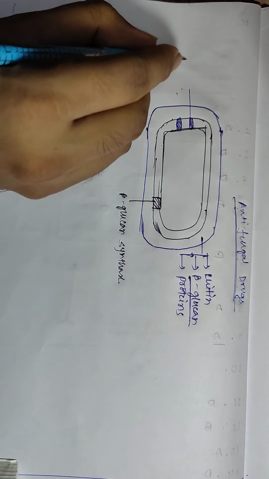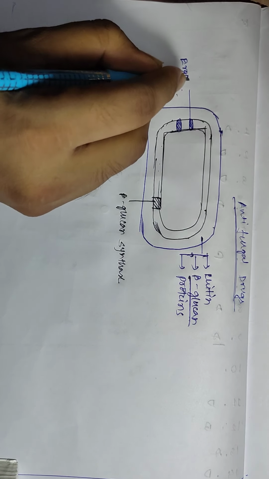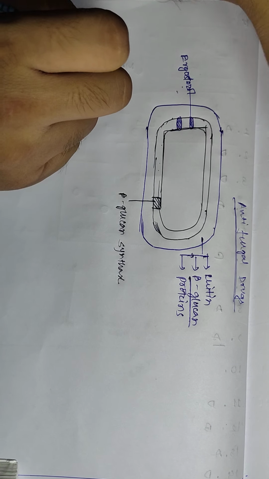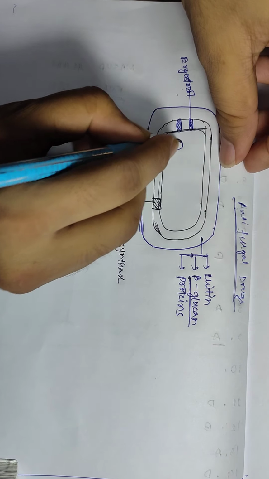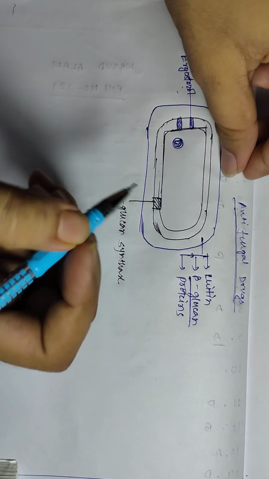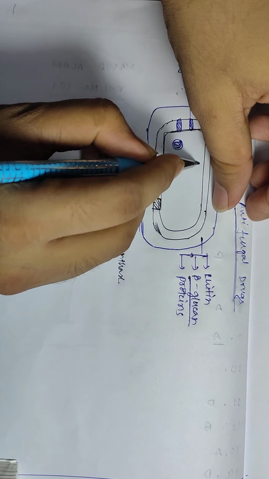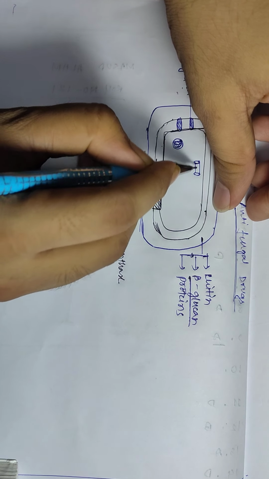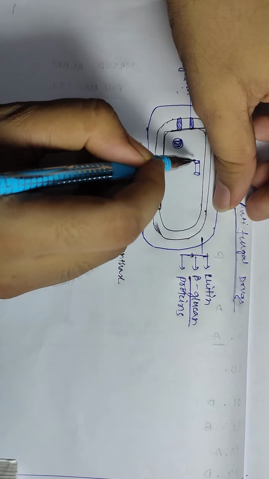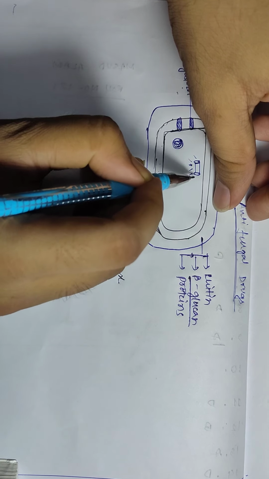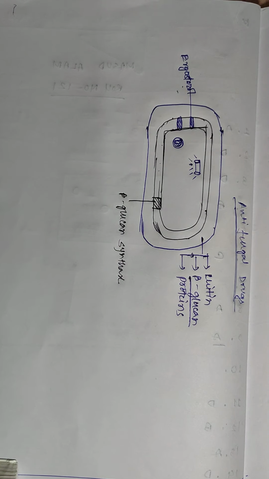Suppose this is ergosterol. This is the nucleus, and these are the centrioles which help in formation of microtubules, right?